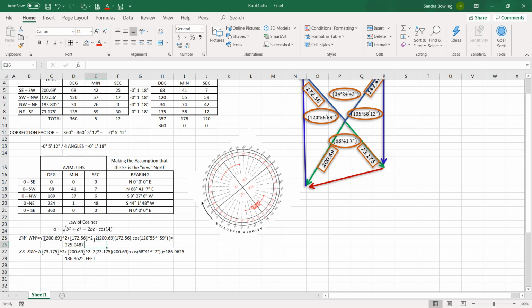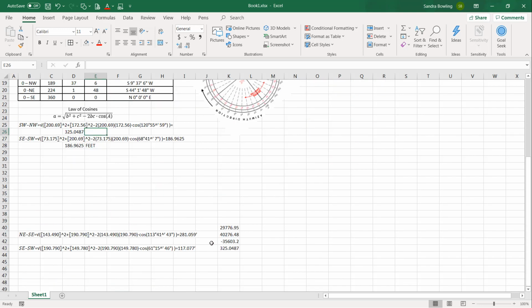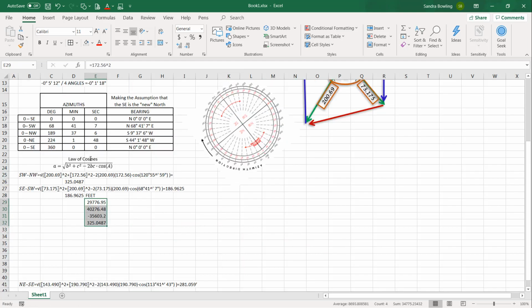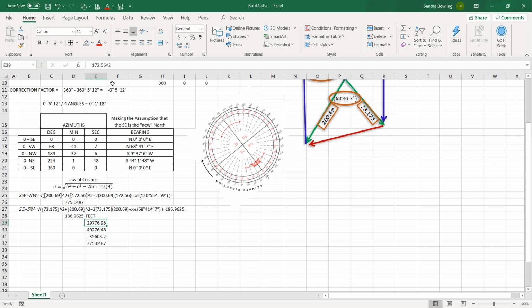Okay, so if you have problems doing it all in one piece, break it down. I used Excel to do this. So I broke it down into pieces so you can do your math in sections. So I first did, okay, I take the 172.56 squared. I take the 200.69 and I square it.